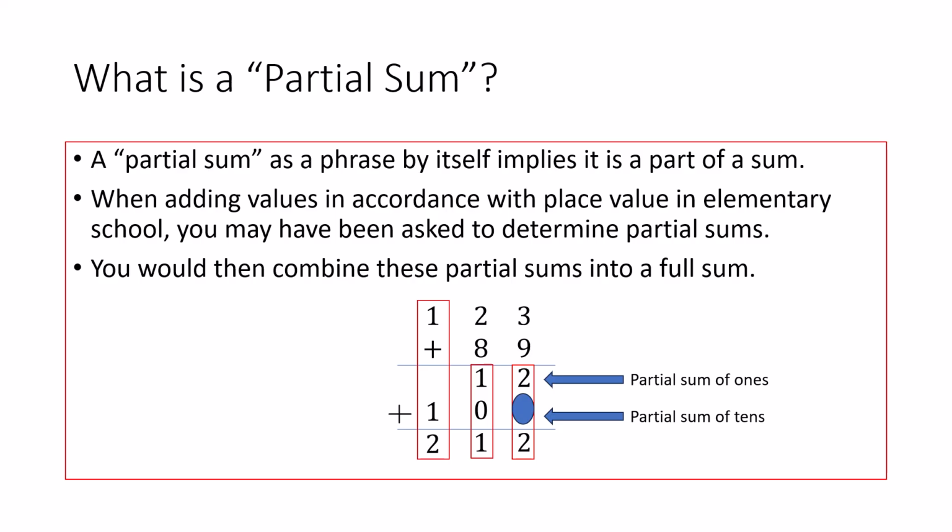So 123 plus 89 is equal to 212. And this is kind of what it means for partial sums. We had the sums of the ones columns, we had the sums of the tens columns, and we combine those partial sums to get the full sum of 212 for this example.